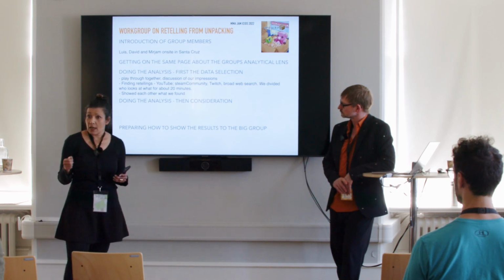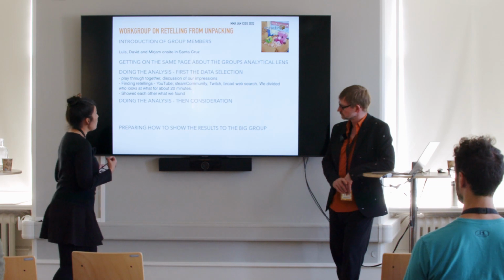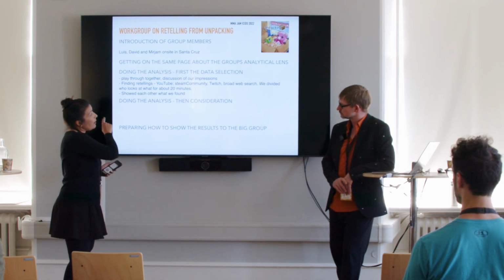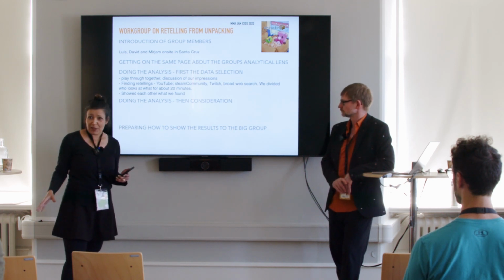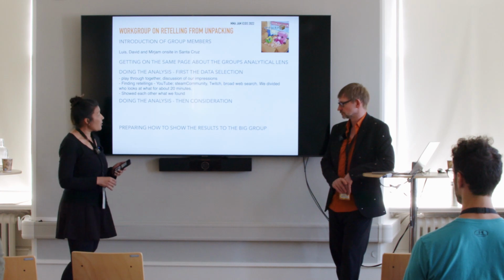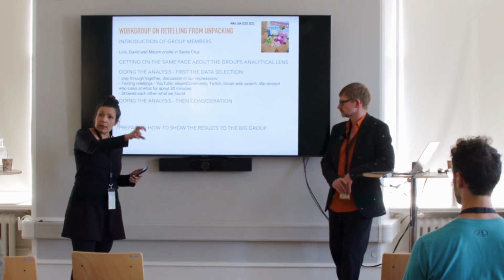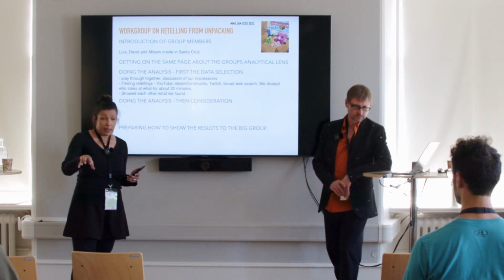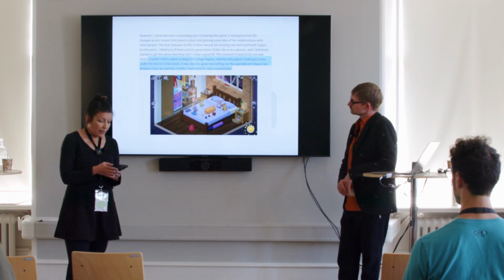Then we looked at how we can find other retellings besides our own. We identified YouTube, the Steam community, Twitch, and we also found interesting stuff just by broad web searches. So we each took one data source and started to find materials, gathered that, and showed each other what we found.